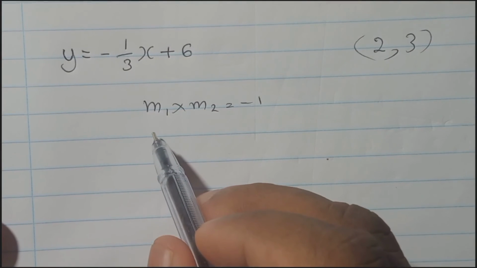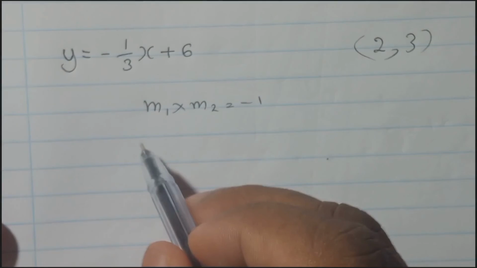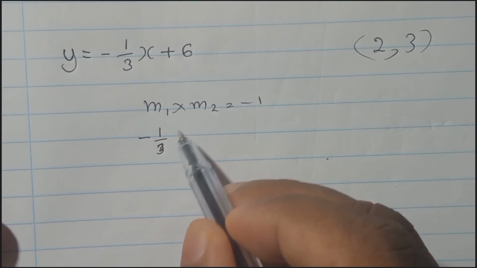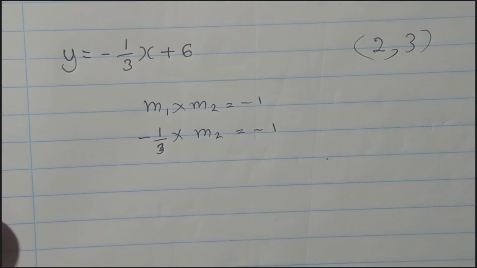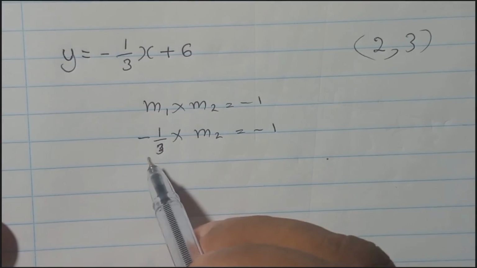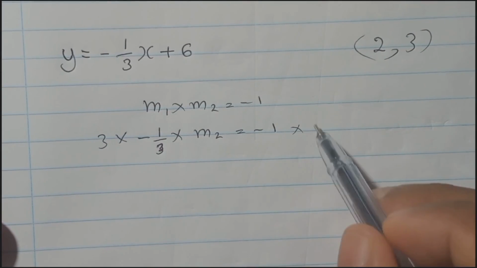So here m1 we get as this one, minus 1 over 3, negative 1 over 3. Then m2 here, then must be equal to minus 1. So using this, let's find m2. Now to remove this 3, I will multiply this side by 3, here also I will multiply by 3.